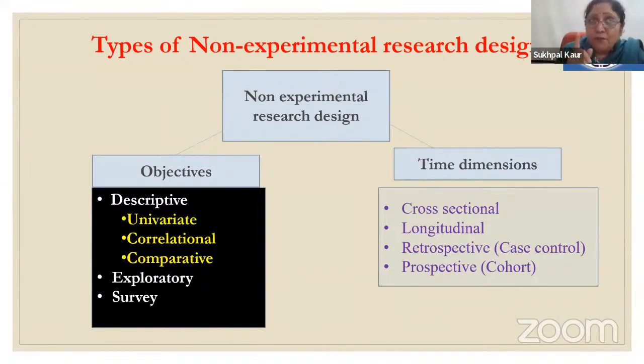And moreover, in one research study, we can always have more than one research design. And we can always write the designs as per the type of objectives we had. For example, if you want to carry out one RCT, your first objective might be to know about the current situation regarding a particular thing. So your first objective will always be a descriptive sort of objective, or descriptive sort of data.